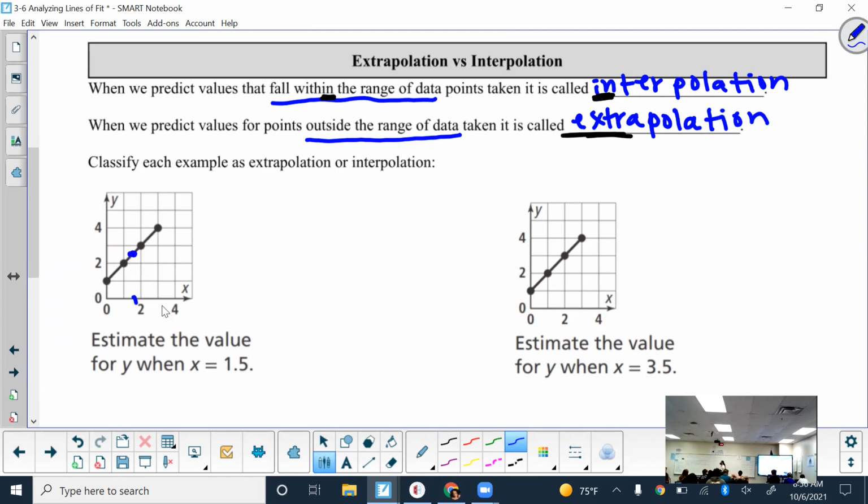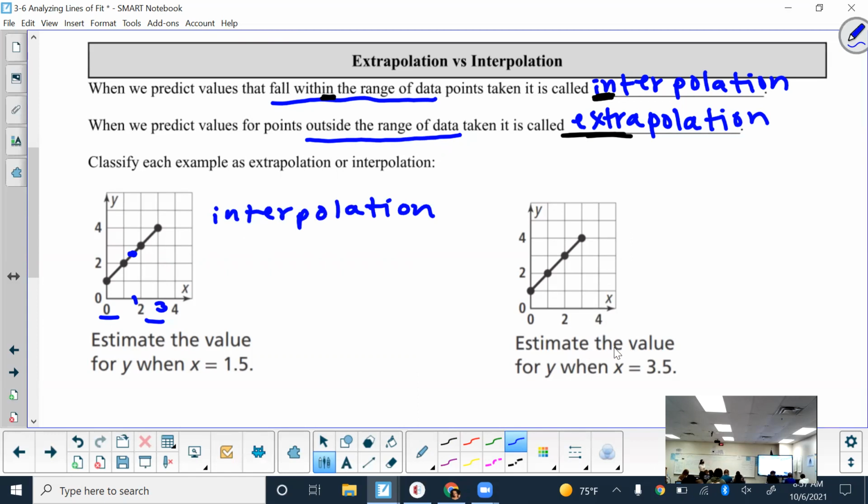Would you say that that is within the range of data or outside the range of data? Within, because look at my data. It goes from 0 to what? It goes from 0 to 3. So 1.5 falls inside of that range. So is that interpolation or extrapolation? Interpolation. That's an example of interpolation.